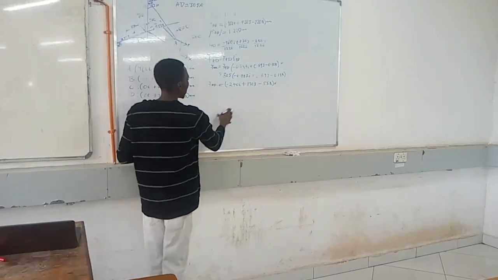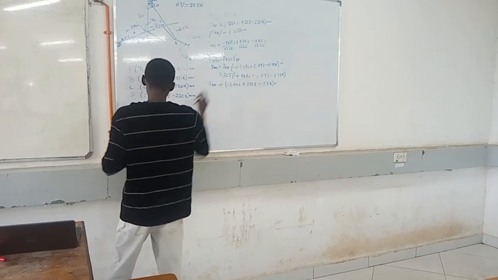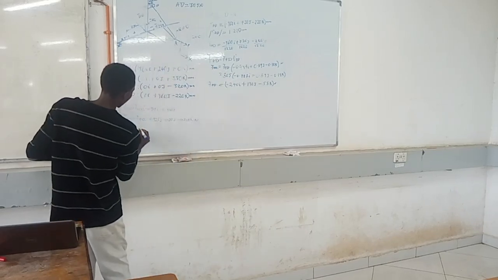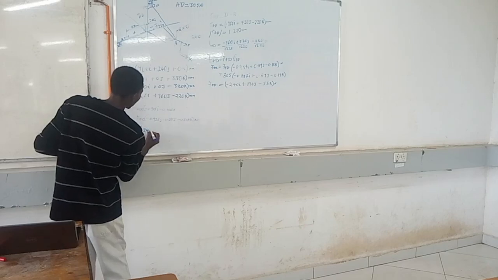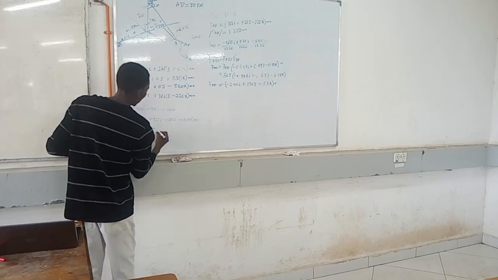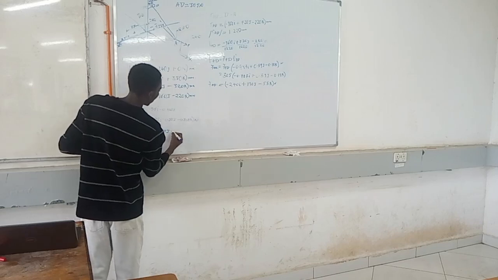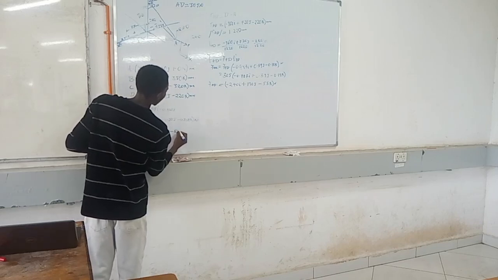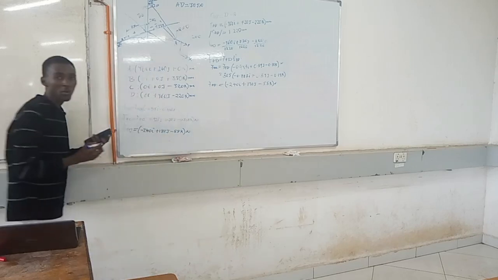So for this one now, because we are given force AD, therefore force AD is equal to negative 240 I plus 180 J minus 55 K Newton. Any question, guys, so far?